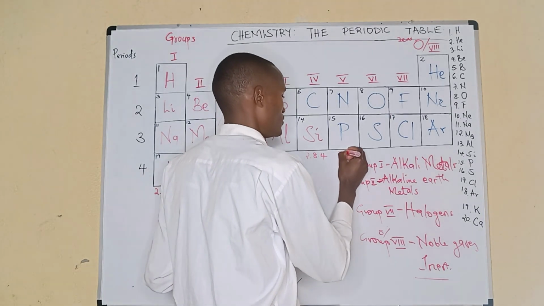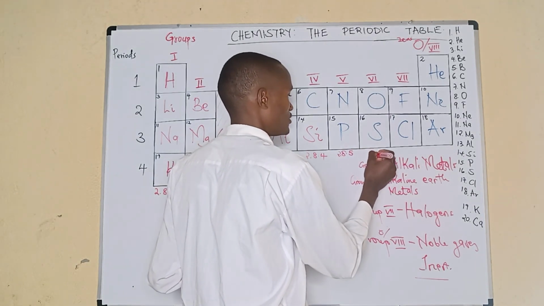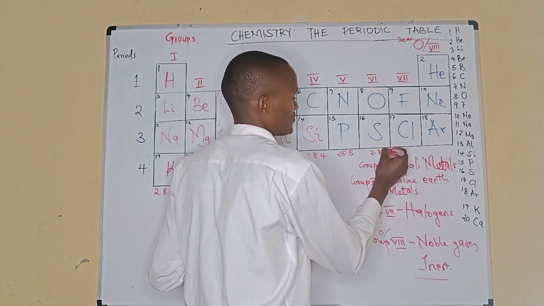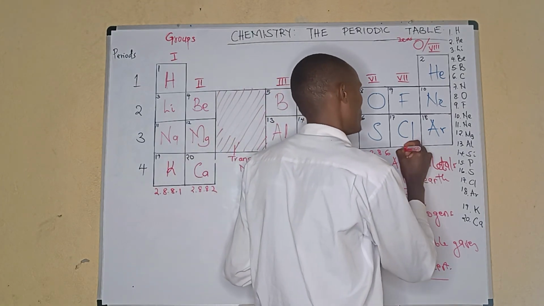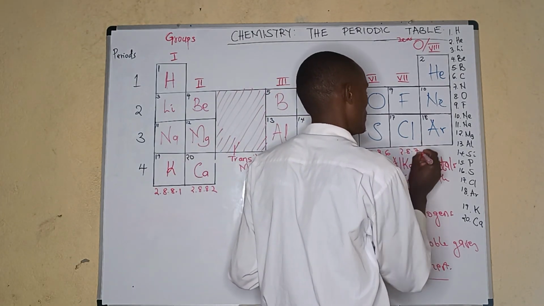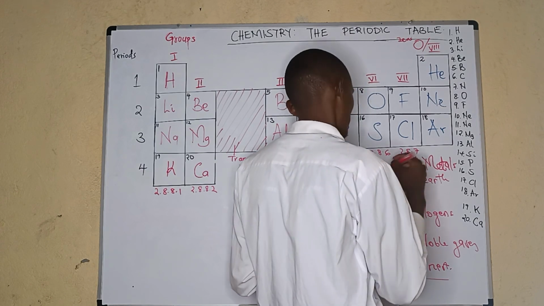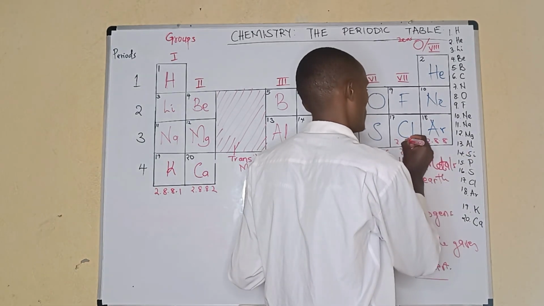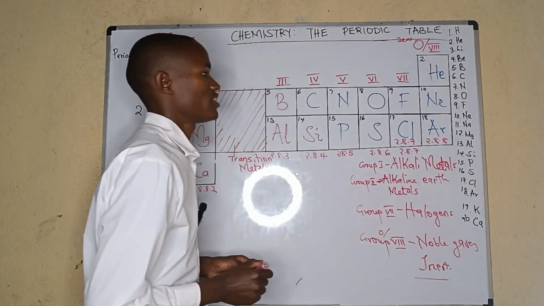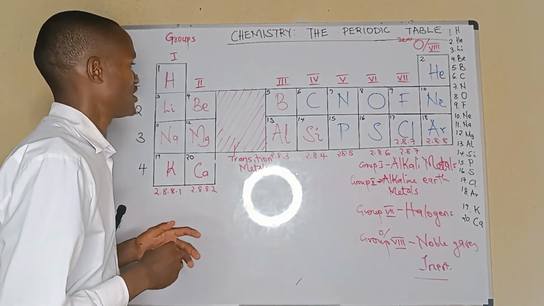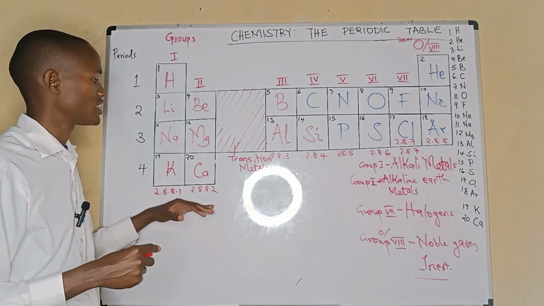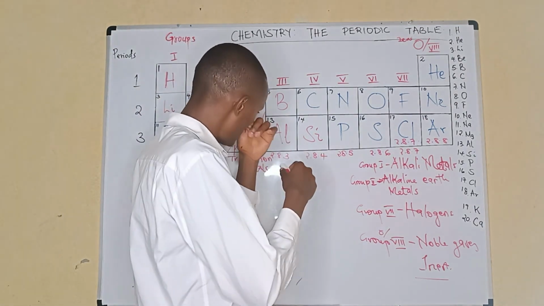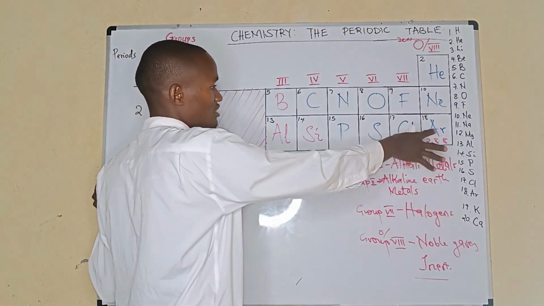Phosphorus is 2, 8, 5. Sulfur is 2, 8, 6. Chlorine is 2, 8, 7. And argon is 2, 8, 8. So these are the electronic configurations of the last elements in each period.